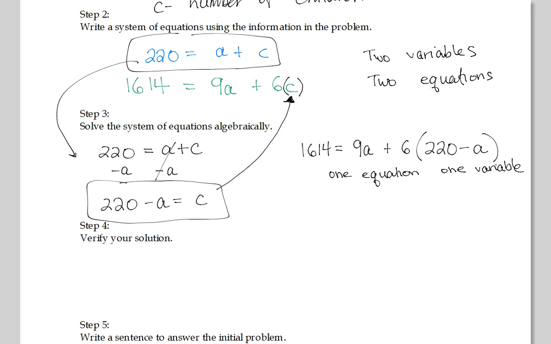You need to boil it down to one equation, one variable, so you can solve this.